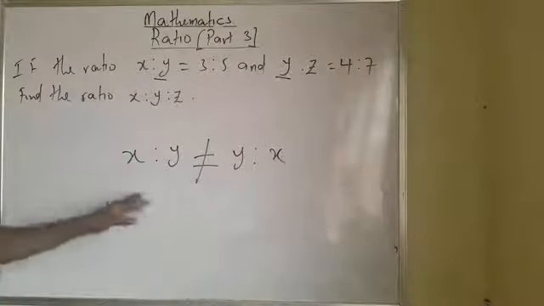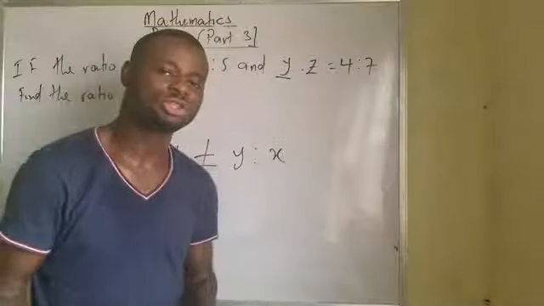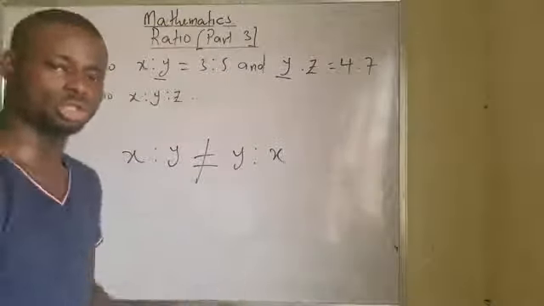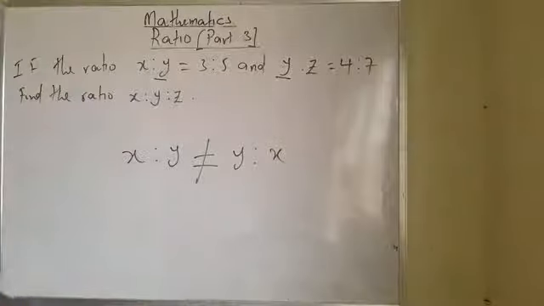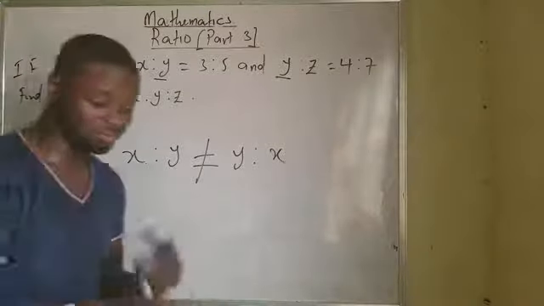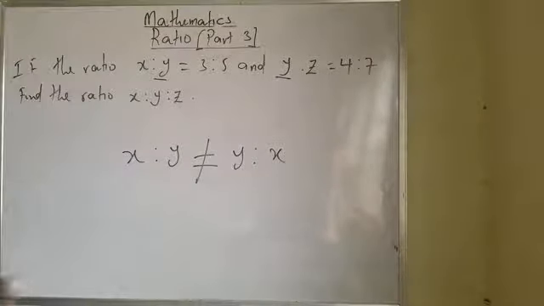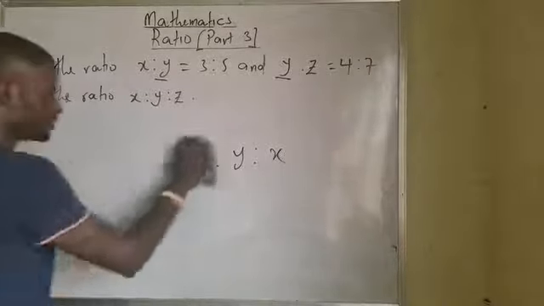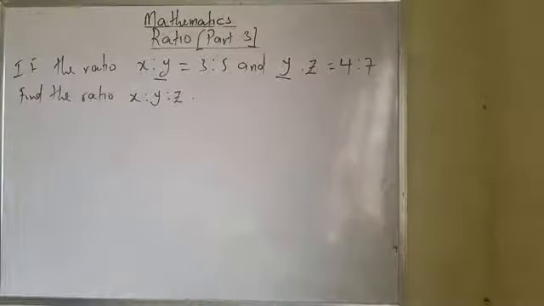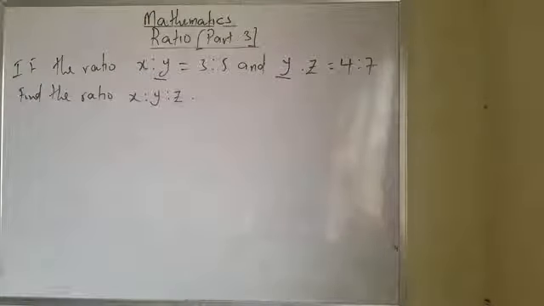Take note of this, because ratios do not commute. Let me try to explain this question as a concept of this part of ratio. If something like this is given, how will you solve it? Now, solution.